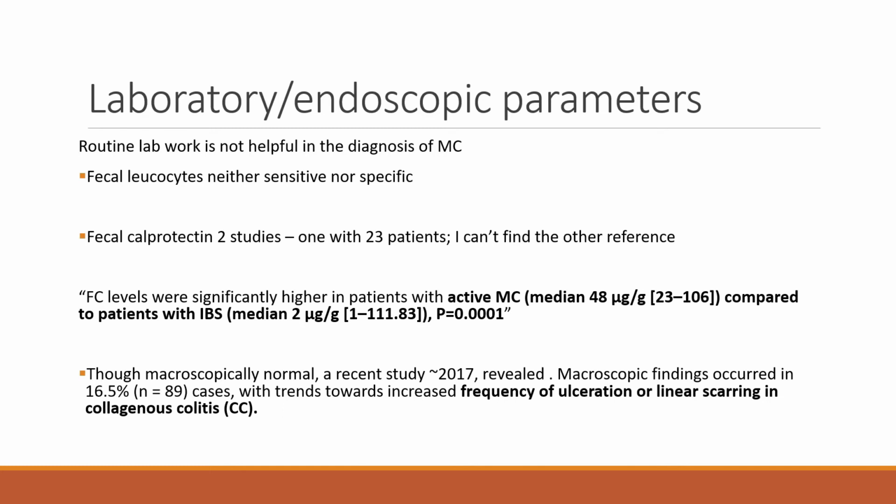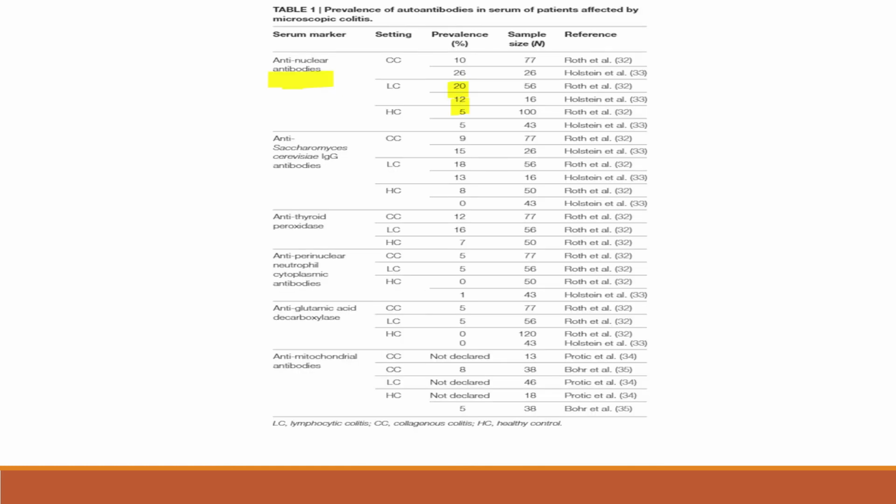Okay. Now markers. This is something new. I was just looking into data on what the antibodies or stool markers are. This is a very interesting review published a couple of years ago, and they found that none of these biomarkers are actually suggestive of diagnosis, but generally ANA antibodies are present in microscopic colitis, similar to what might be present in the general population, but still around 20%, followed by anti-Saccharomyces cerevisiae and anti-thyroid peroxidase.